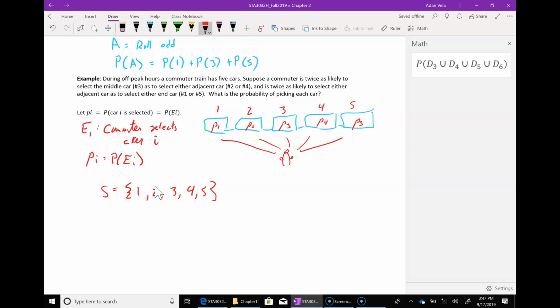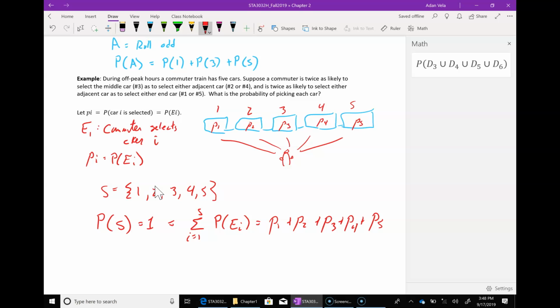We also know that the probability of S is equal to 1, which is given by the sum of the probability of each event. So when we do that, we get the sum P1 plus P2 plus P3 plus P4 plus P5 is equal to 1.